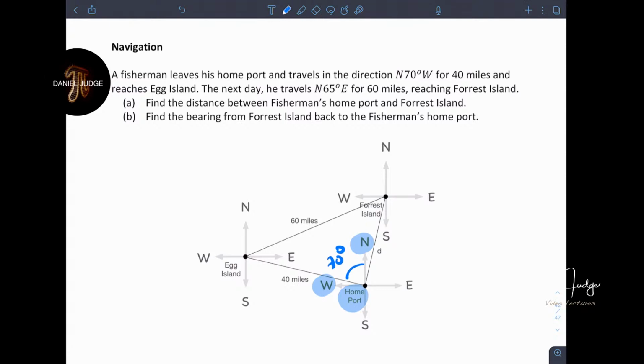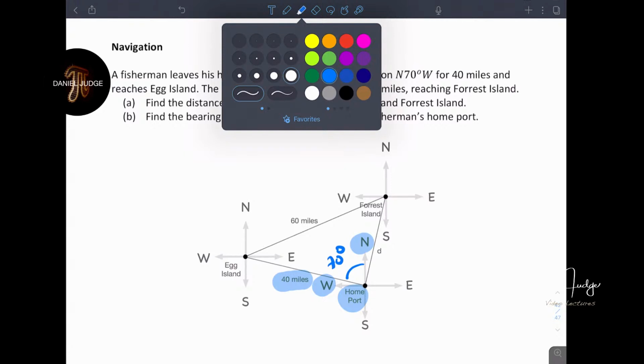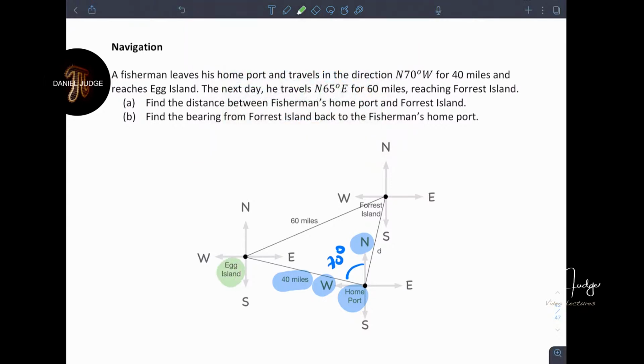And travels for 40 miles and is heading to Egg Island. So we say, okay, here's Egg Island over here. So let's make sure we have that, and I think we do.